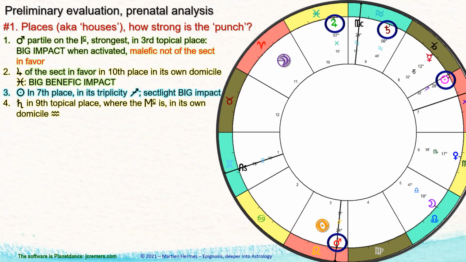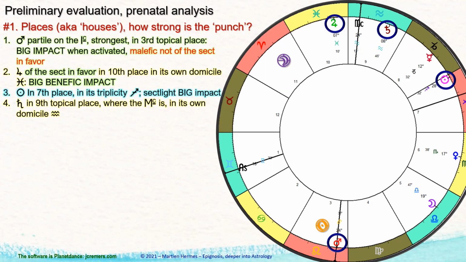I think the strongest planet is, of course, Mars again, because it's exactly on the IC and exactly in opposition to the MC. So I think that's the strongest. So he has a very big impact whenever he is activated, in whatever level of our zodiacal releasing we are, in the first, second, third, or fourth level.